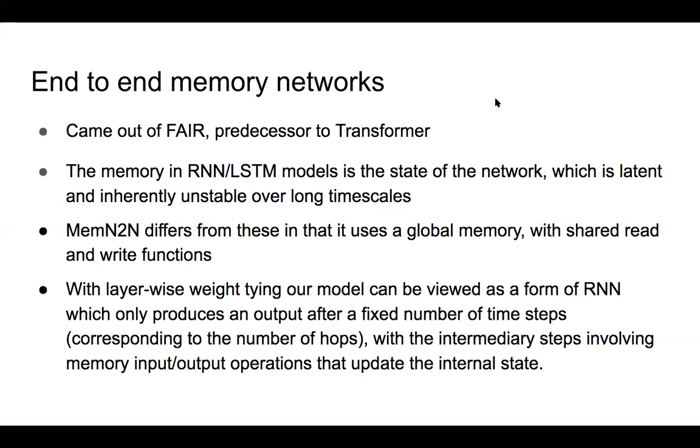So the model writes all the input. Let's say you give it a set of sentences. It writes all the inputs to your memory up to a fixed buffer size. This buffer size is called the memory size. So you give it, let's say, 100 words, and then you restrict the sentence size to 40, and that 40 is your memory size.